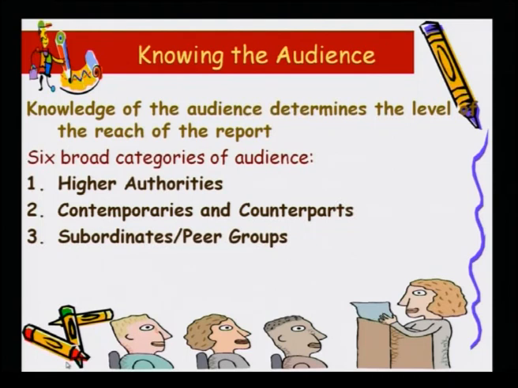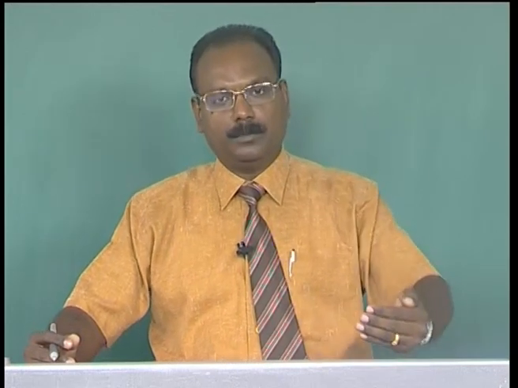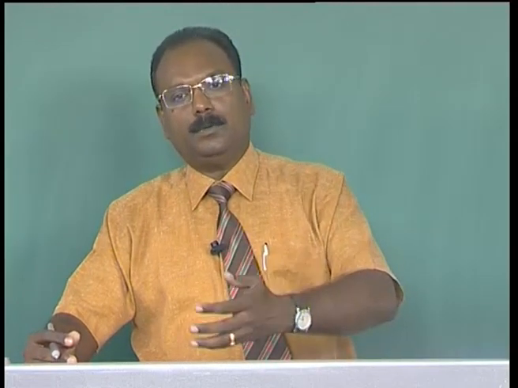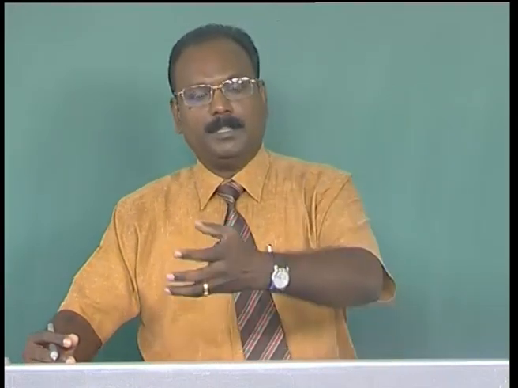These are the people who are your colleagues, working along with you. The counterparts are similar colleagues working in nearby offices, or your friendly colleagues, not with you, but in some other sectors of the same industrial setup. These people are also interested in knowing something about this report. So, this is the second category.